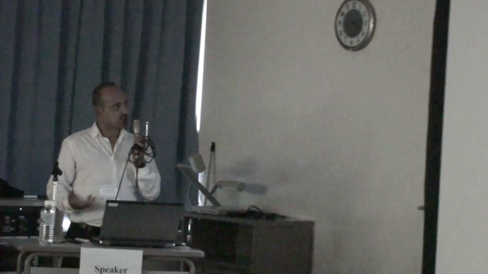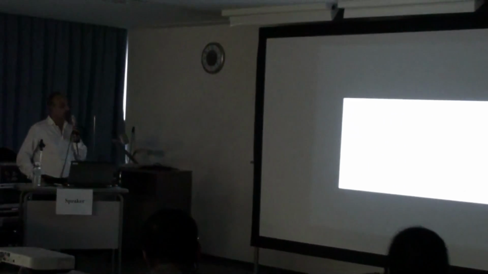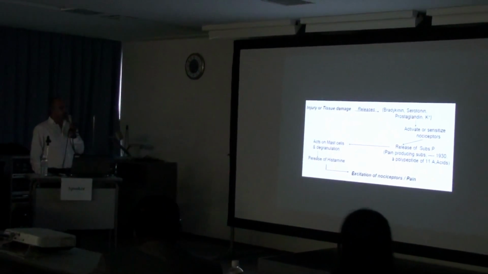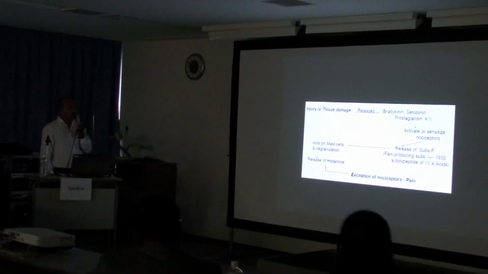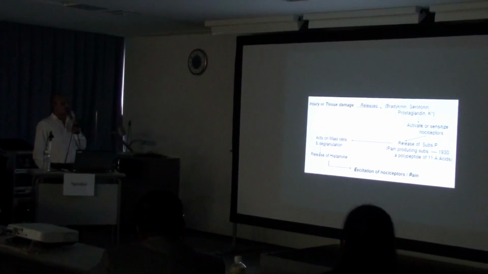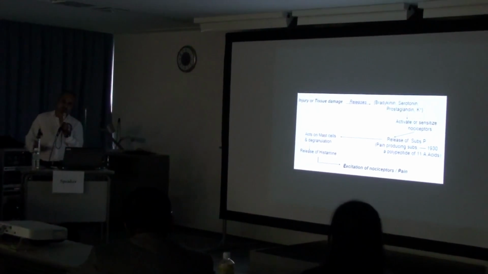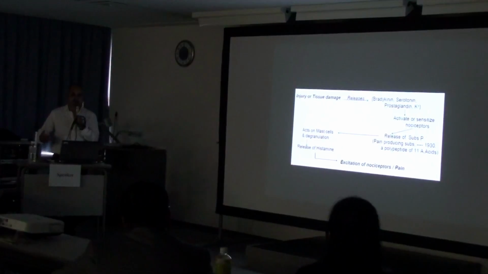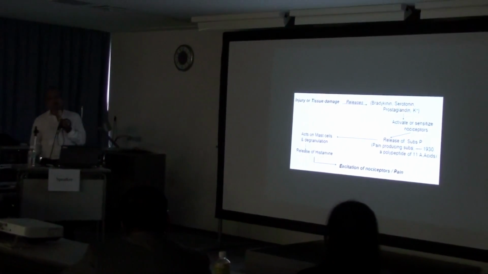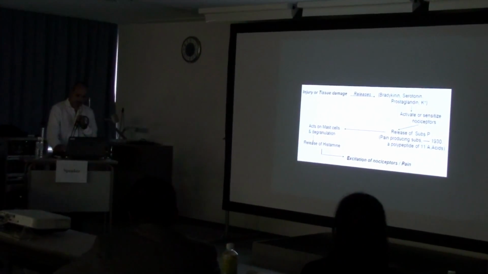The injury to the tissue, or tissue damage, releases bradykinin and serotonin, as we all know, and it activates or sensitizes the nociceptors, and it releases substance P, which acts on the mast cells and causes degradation. Then it releases histamine, and that causes excitation of the neurotransmitters, and that is transmitted as an electrical signal through the spinothalamic tract, and it is perceived as pain.